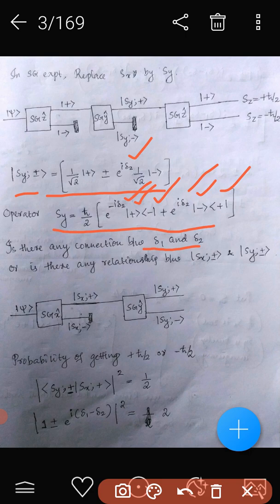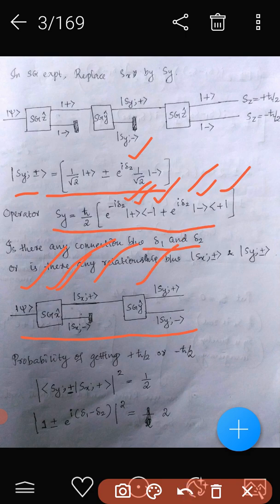For that our SG experiment is like this: psi is the initial state, and first we are measuring the x component of the spin and we will get two components, Sx plus and Sx minus, and we are blocking the Sx minus component and Sx plus is the input component. Then we are measuring the y component of the spin. So first we are measuring the x component of the spin, and in the second case the y component of the spin.